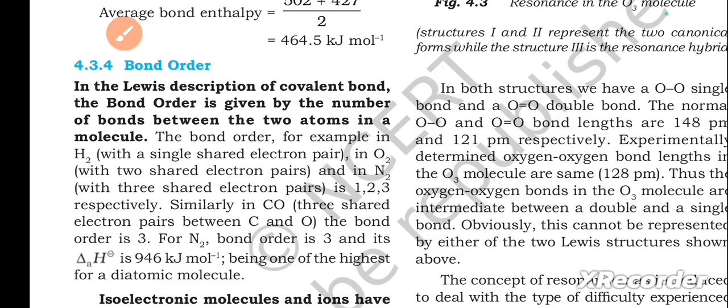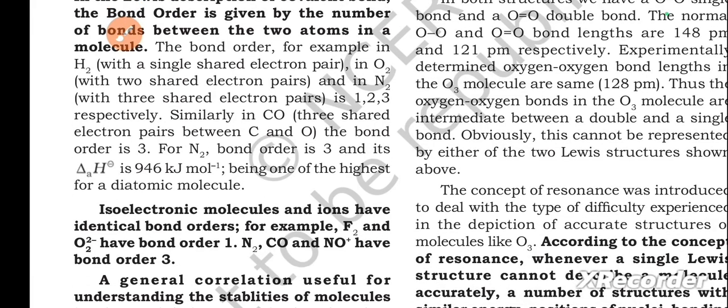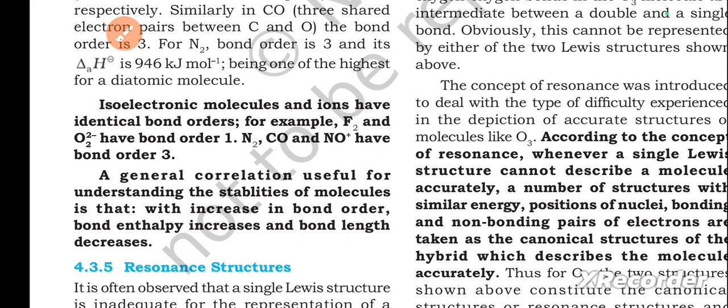For N2, bond order is 3 and its enthalpy is 946 kilojoules per mole, being one of the highest for a diatomic molecule. Isoelectronic molecules and ions have identical bond orders. For example, F2 and O2 2- have bond order 1. N2, CO and NO+ have bond order 3.